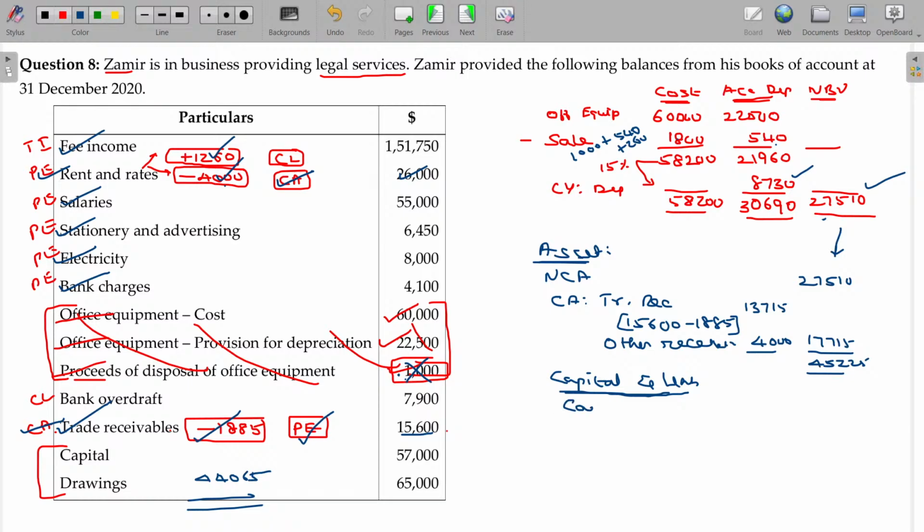Under that, we start with the capital. Capital 57,000. Add profit, 44,065. Minus drawings, 65,000.